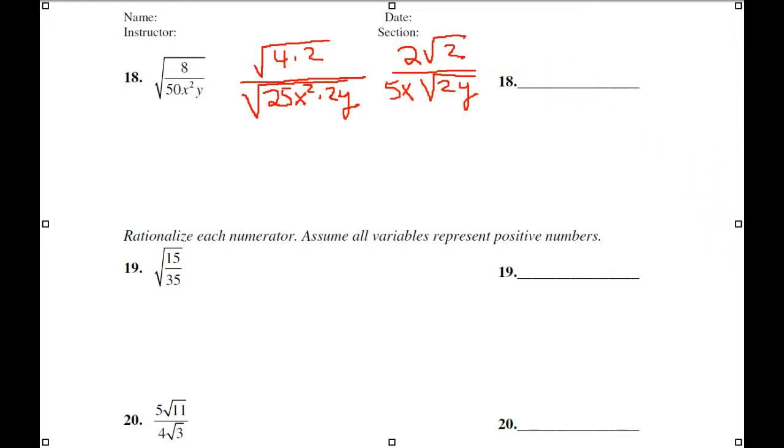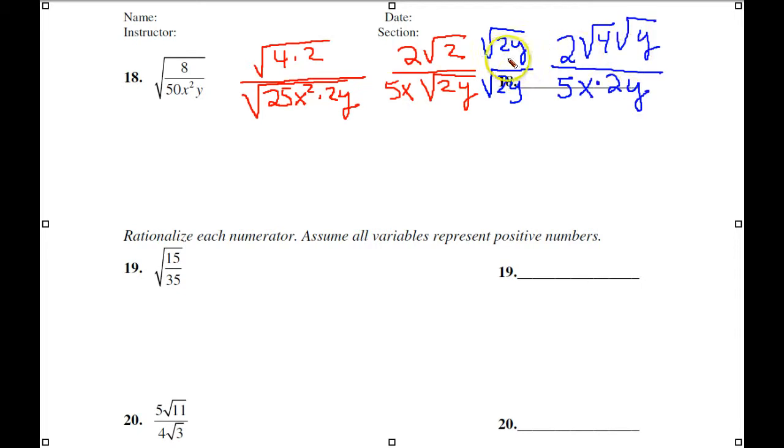Now, to rationalize that denominator, what 1 will we put there? Well, it's going to be the square root of 2y, and our top, the square root of 2y. That's our 1. But notice what happens now.